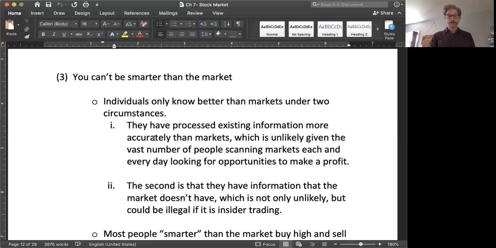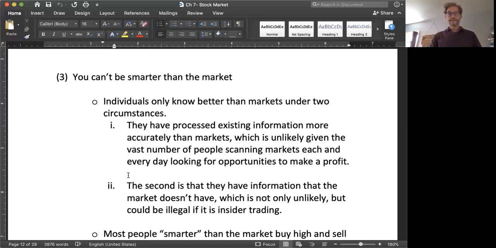One is that you've processed existing information more accurately than markets, which is highly unlikely given the vast number of people that scan the newspapers every day looking for opportunities to make a profit, right? The fact that you are somehow looking at public information and incorporating it more quickly than the market is very, very unlikely.